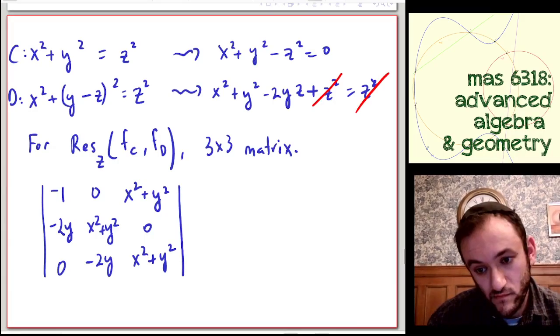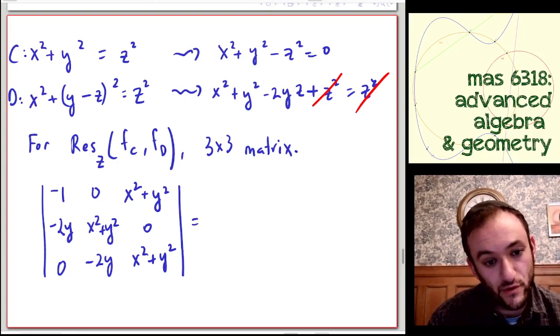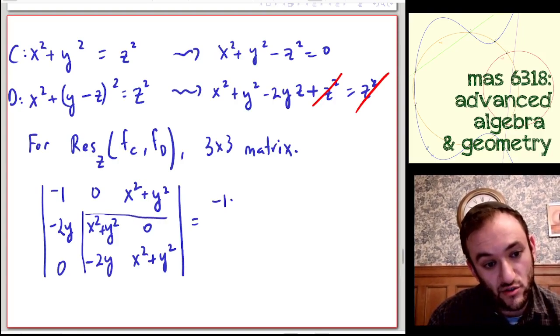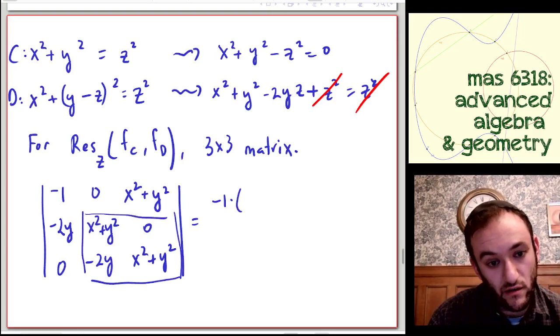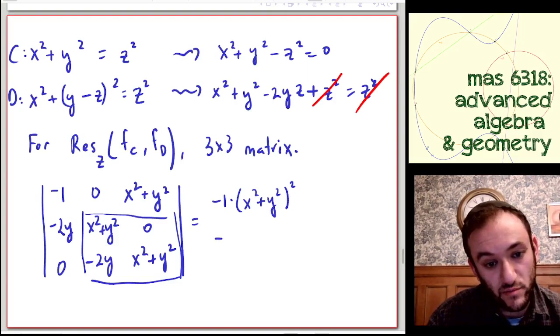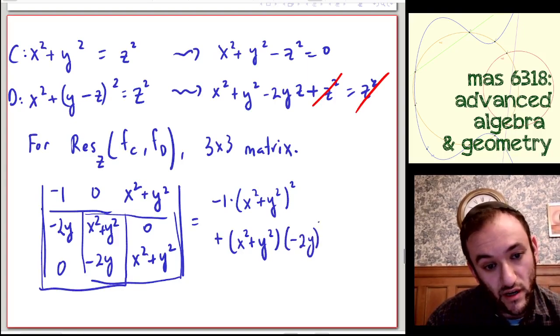Okay. We can compute this directly by expanding along one of these. Let's take the first row. We get minus 1 times the determinant of this 2 by 2, which is just the square of x squared plus y squared. And then we have plus x squared plus y squared times the determinant of this 2 by 2, which is negative 2y squared.